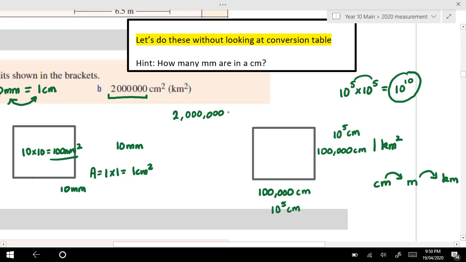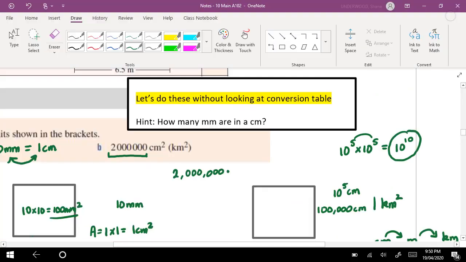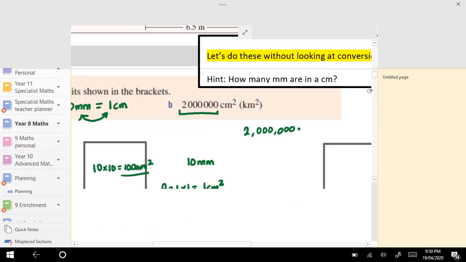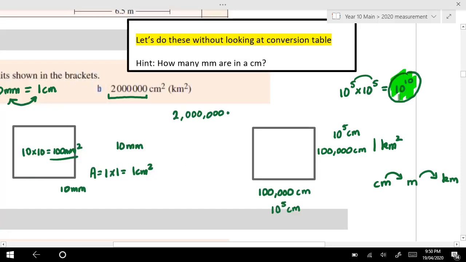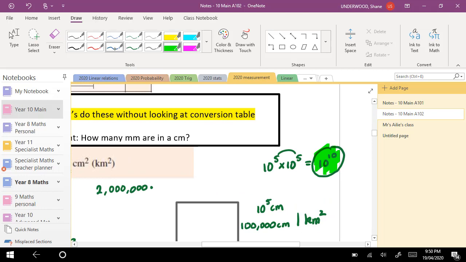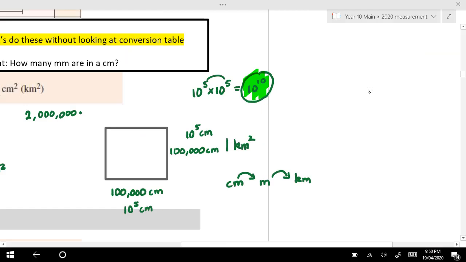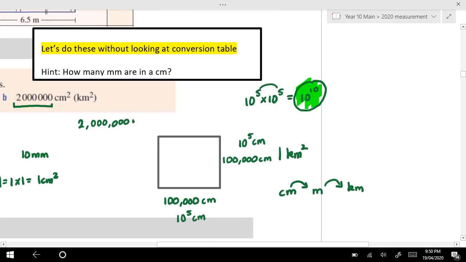If I divide by 10 to the power of 10, then you can see that we've got to go back 10 decimal places. So let's go ahead and do that. 1, 2, 3, 4, 5, 6, 7, 8, 9, 10.